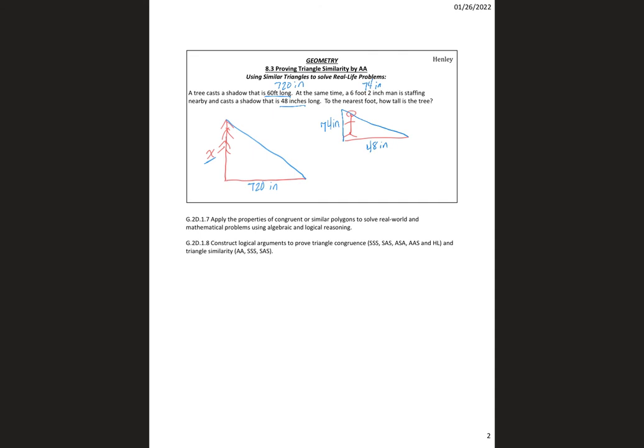Now we can set this up as a proportion. We can say that X corresponds with 74, and 720 corresponds with 48. Now we can cross multiply.